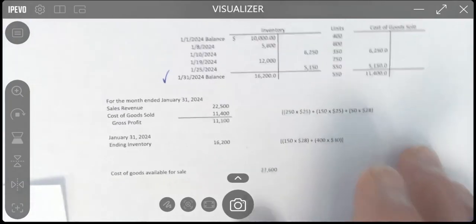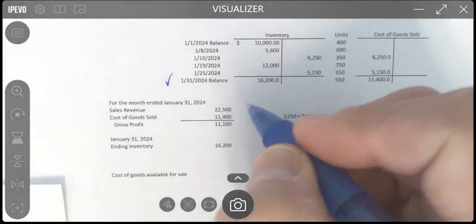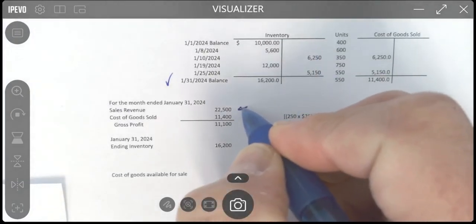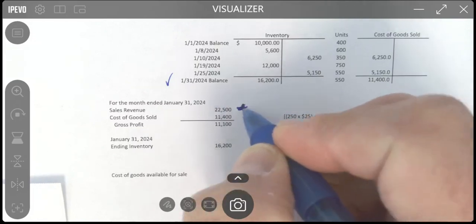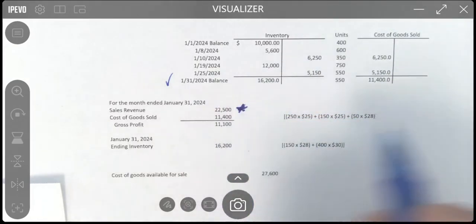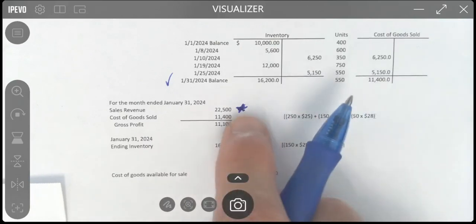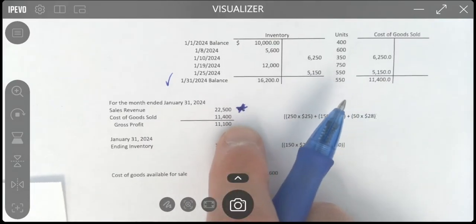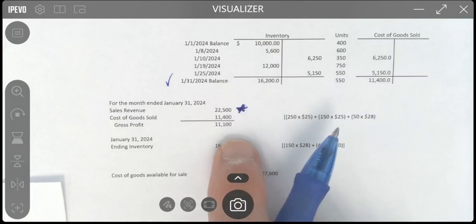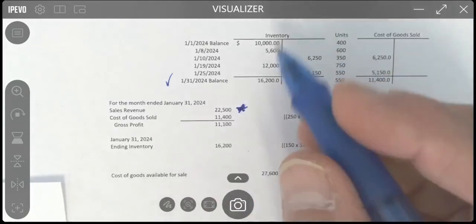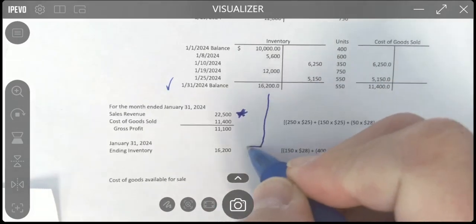And so on the financial statements, sales revenue is 22,500. That's going to be true regardless of our cost flow assumption. What's going to be different is the cost of goods sold is 11,400, meaning gross profit is 11,100, and the ending inventory is 16,200.